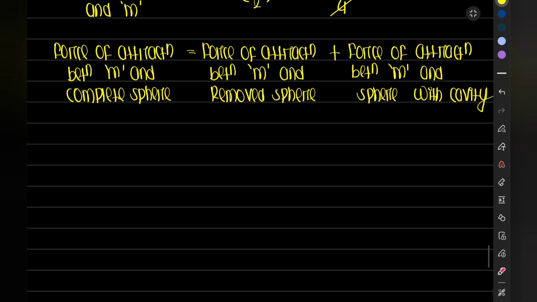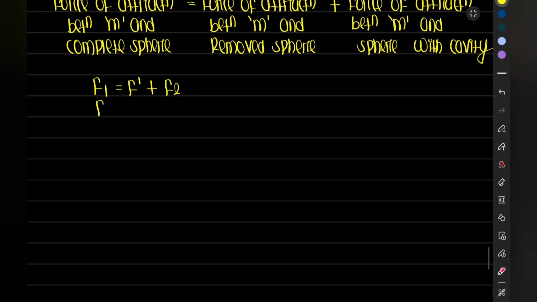So the force of attraction between M and the complete sphere is nothing but your F1, the force of attraction between M and the removed sphere is nothing but F dash, and the force of attraction between M and the sphere with cavity is nothing but F2.